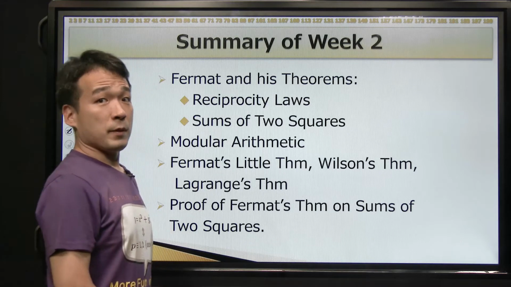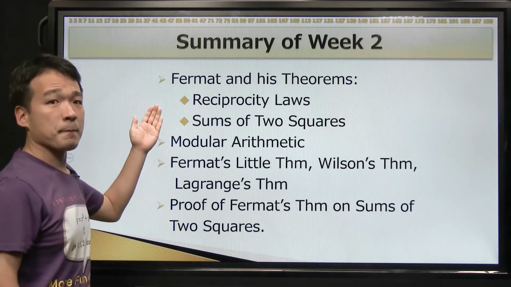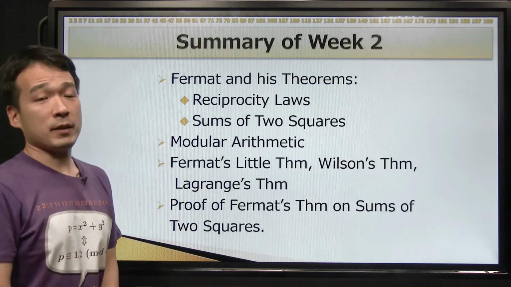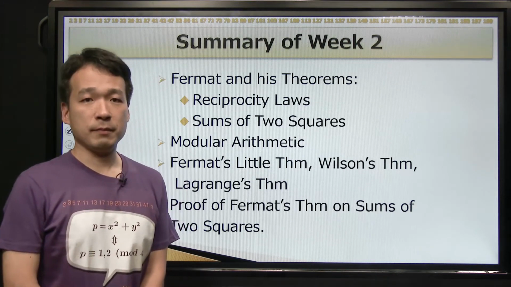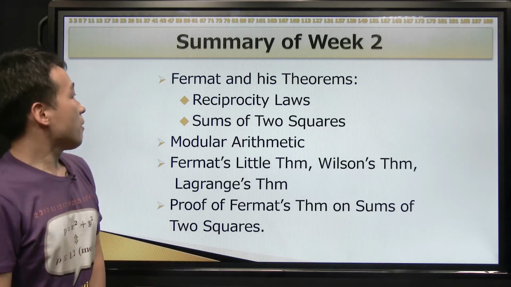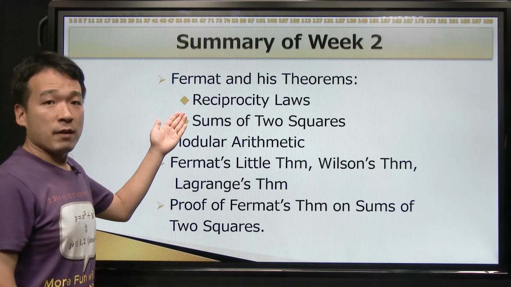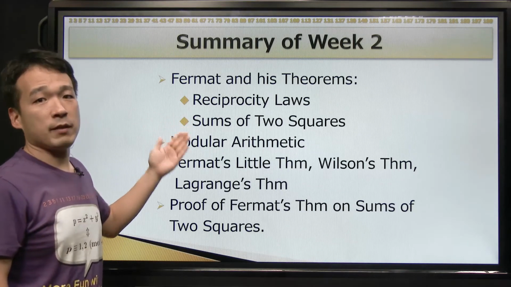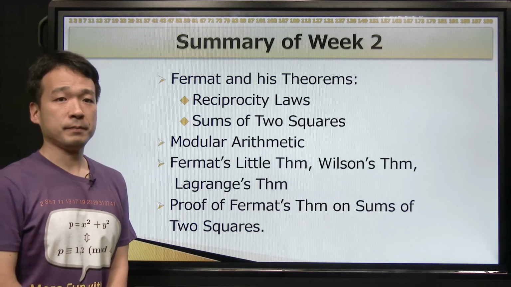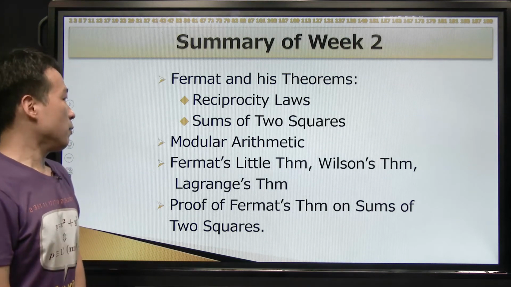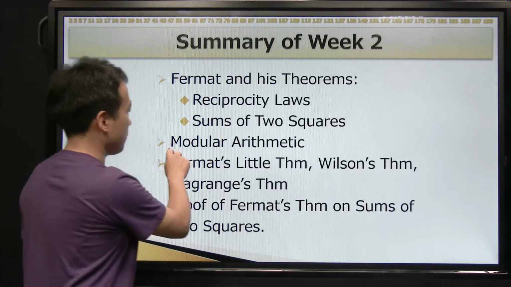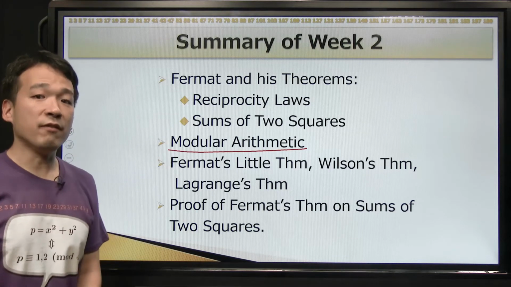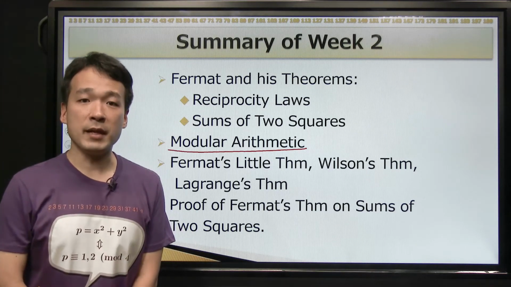Let's summarize the topics we learned this week. We learned there are laws of prime numbers called reciprocity laws. Fermat's theorem on sums of two squares is the first non-trivial example of such laws. Then we studied basics on modular arithmetic, which is a convenient tool to calculate remainders of integers.